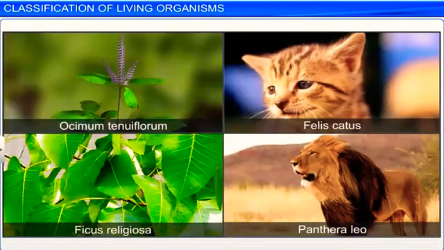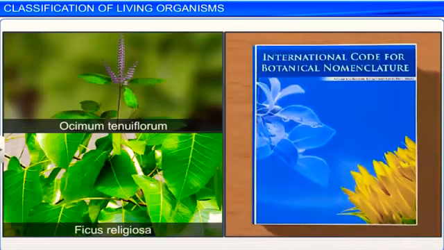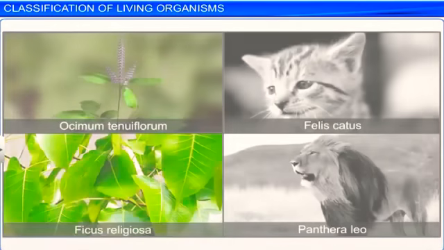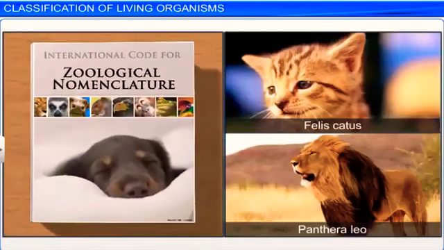To make the process of identification easier, scientists have assigned a scientific or biological name to every known organism. The scientific names for plants are based on the principles and criteria given in the International Code for Botanical Nomenclature, or ICBN, and for animals in the International Code for Zoological Nomenclature, or ICZN.